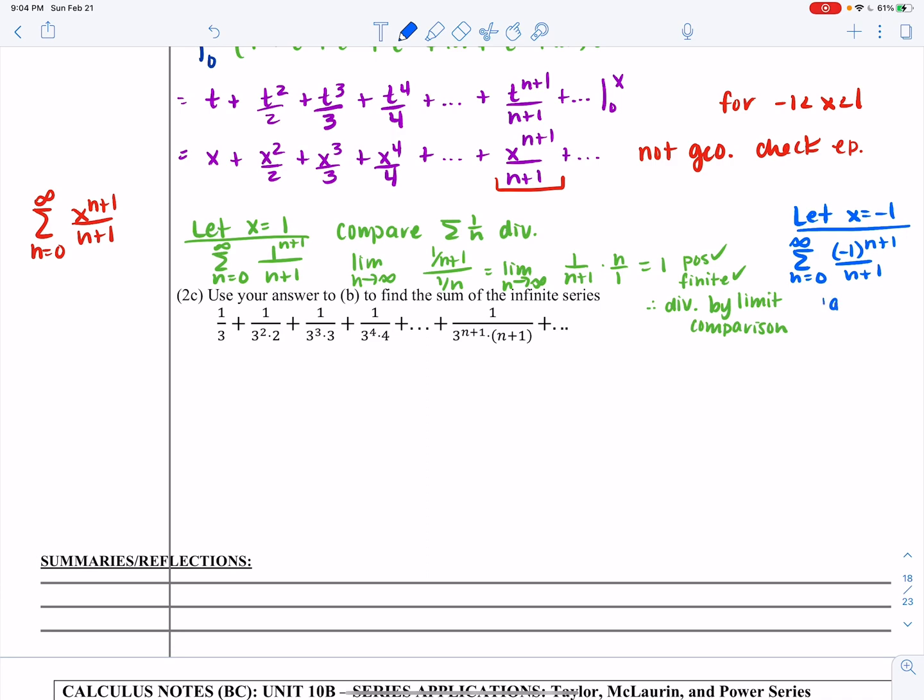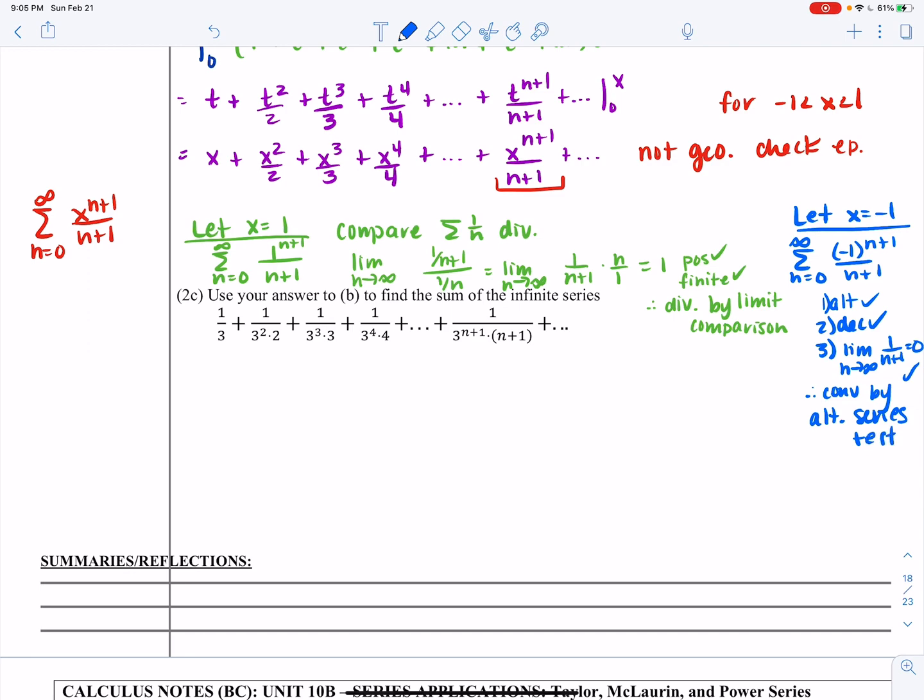So let's go number 1. Does it alternate? Check. Is this thing going to decrease in magnitude? Sure is. And if I take the limit as n approaches infinity of 1 over n plus 1, you do in fact get 0. So this thing is going to converge by the alternating series test. So what does that mean?